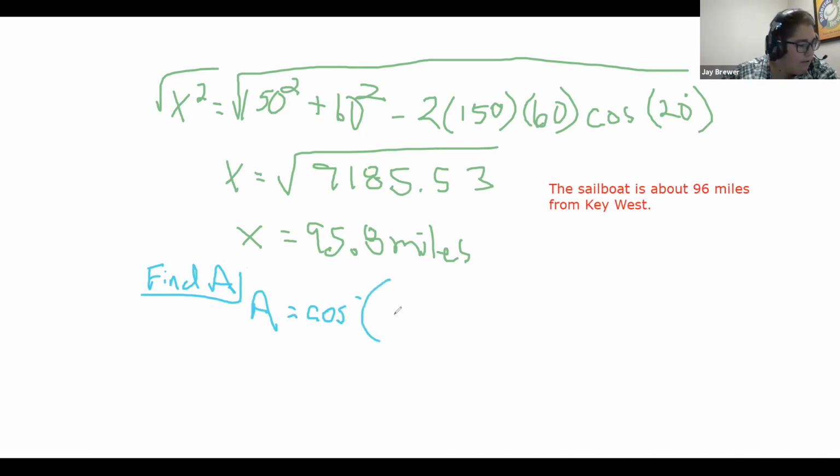Okay. If you work everything out, you end up getting the inverse cosine of negative 0.8406, which works out to 147.2 degrees. But that is actually not your answer.